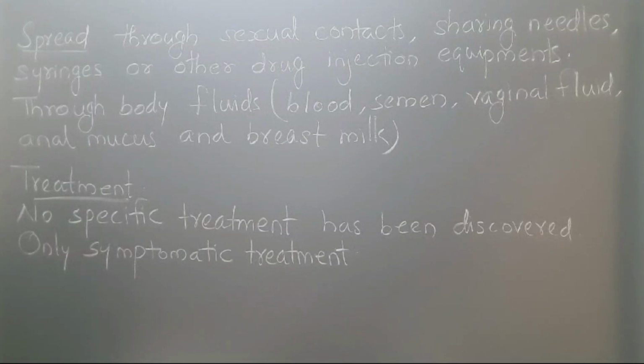Let's see how AIDS is spread from one person to another. It is spread through sexual contacts, sharing needles, syringes or other drug injection equipment. When you go to hospital, you have to be very careful. You should use fresh needles or drug injection equipment.